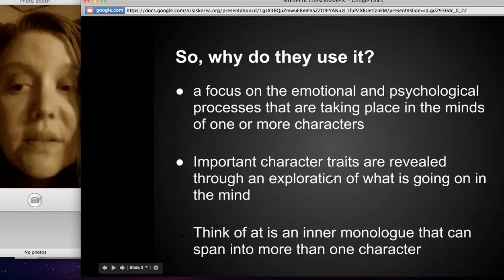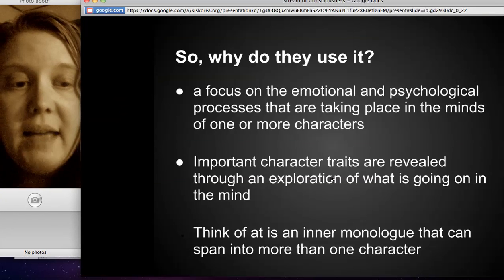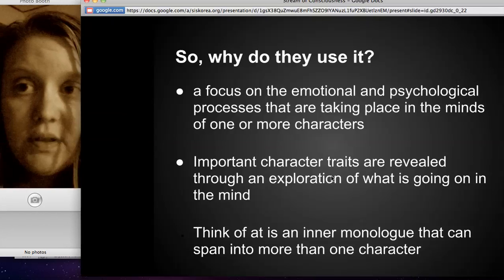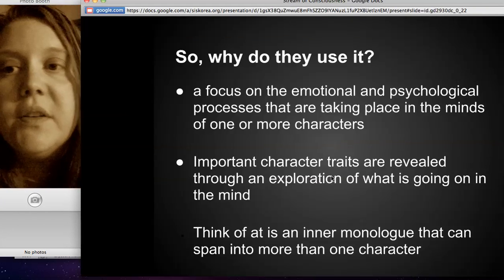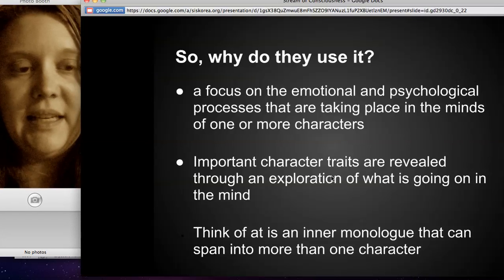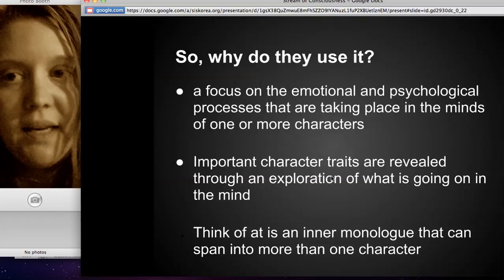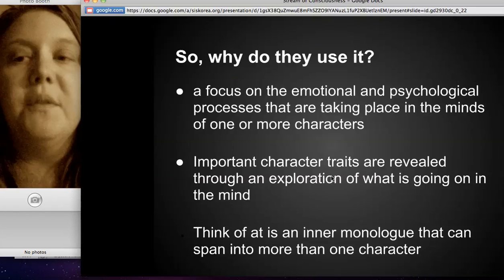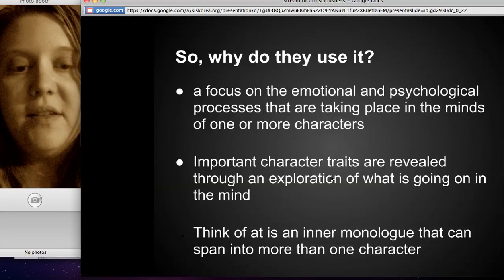Another reason why they use it is that important character traits are revealed, and it is an exploration of their mind. For you boys and girls who have always wondered, oh, I'd really like to get into their mind to know if they like me or they understand me, and if they're being real with me, well, guess what? You can through stream of consciousness.